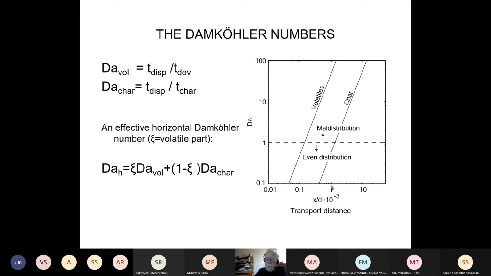So if 1 is the particular reactor size, then we realize that the char combustion may be even. This is no problem with the char combustion. But if we come to the volatile for this situation, it is a maldistribution.